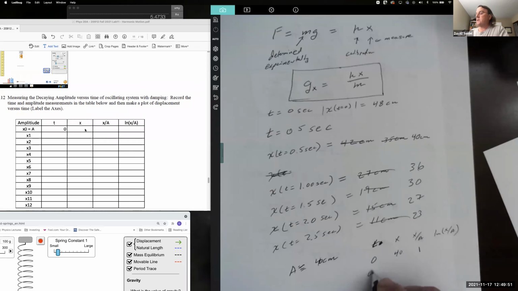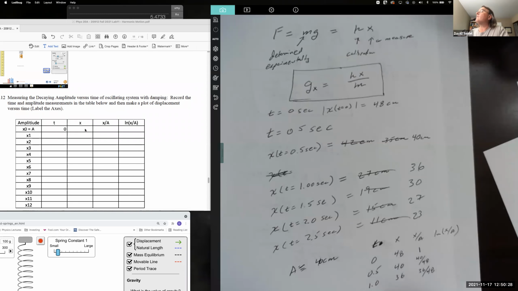Then at 0.5, we have, oh no, sorry, this was 48. At 0.5, we had 40. x over A is 40 over 48. At 1.0, we had 36, 36 over 48.